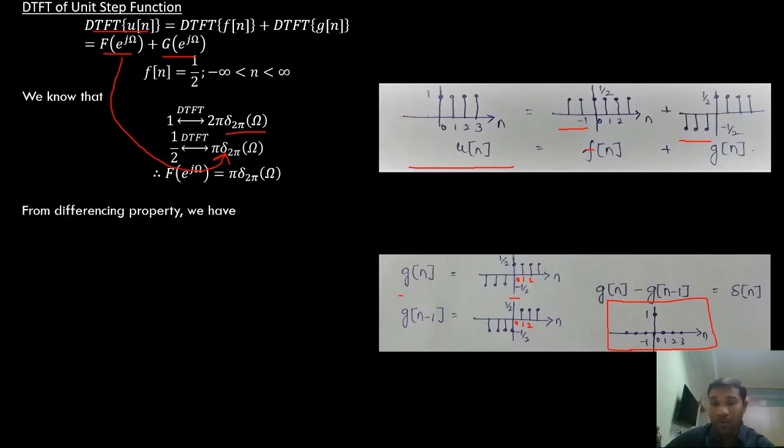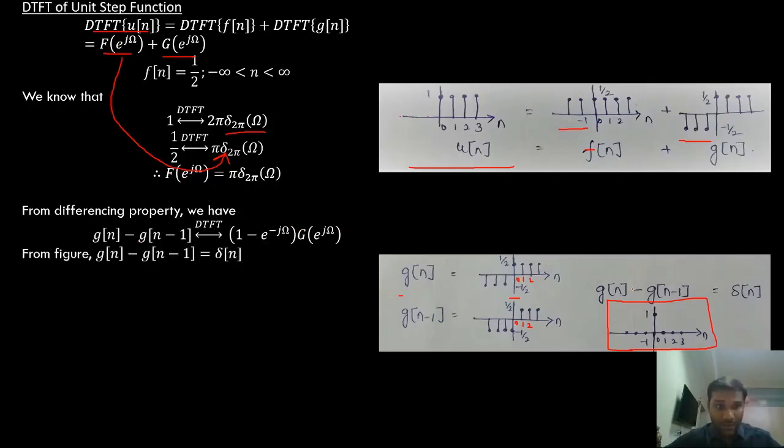Now, if you remember, we have proved a property called differencing property. What do we have from differencing property? g of n minus g of n minus 1 will have the DTFT 1 minus e power minus j omega into G of e power j omega, right? And g of n minus g of n minus 1 is delta of n.